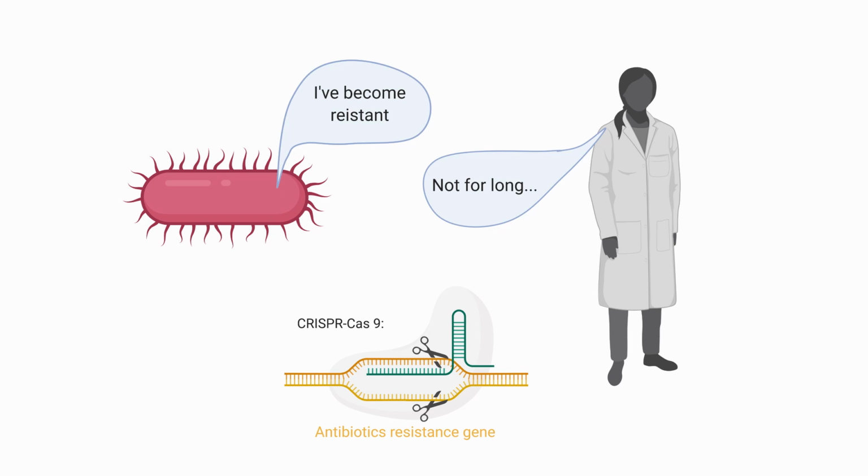Thinking about the applications of this genome editing technique, it can be a successful way of combating the upcoming resistance against antibiotics. In a recent animal study, researchers engineered a plasmid to remove an antibiotic resistance gene from a bacterium from the intestinal flora by using the CRISPR-Cas9 system.